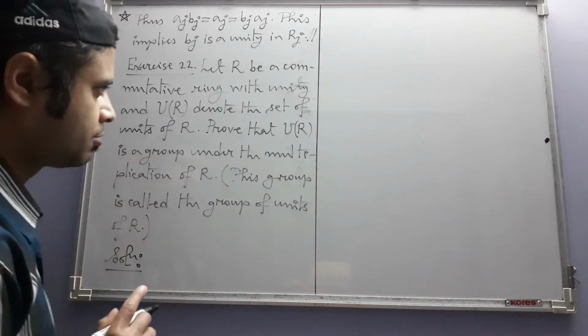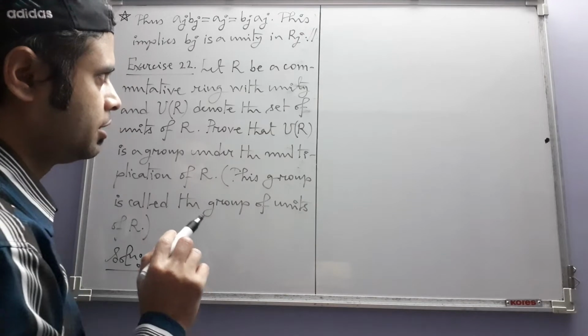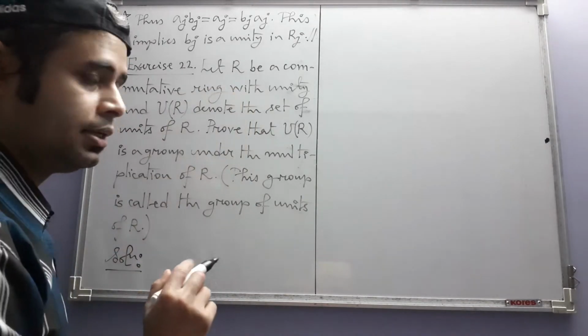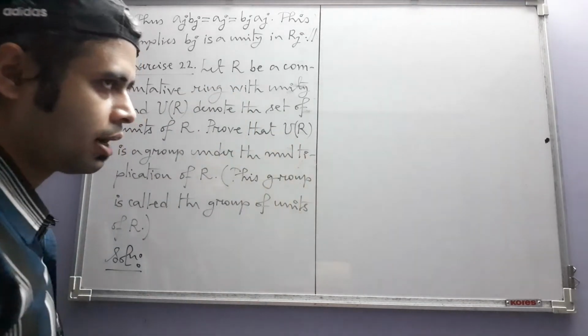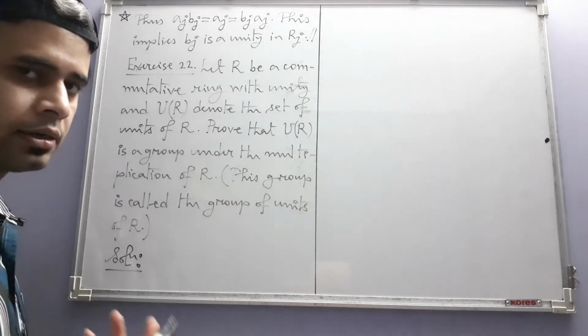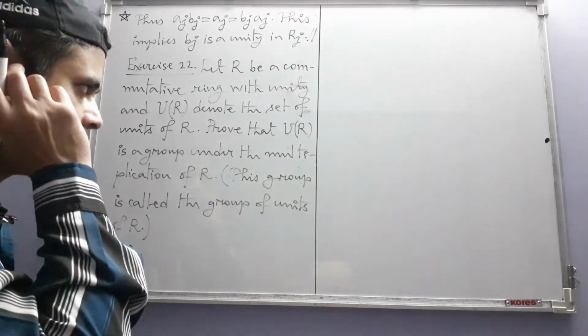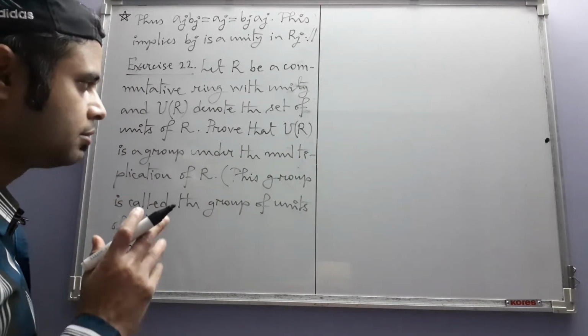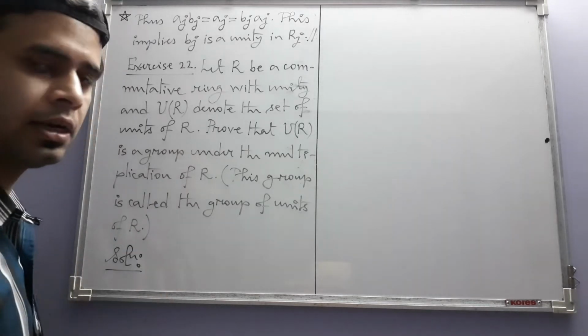The first observation is that the unity of R itself is in UR. It is also an element that has a multiplicative inverse, and in this case the inverse is the element itself.